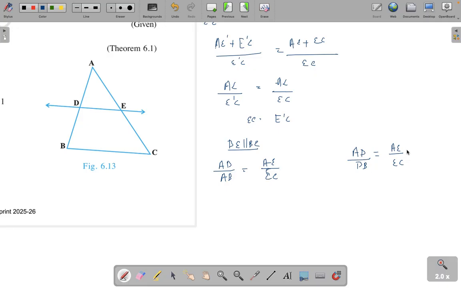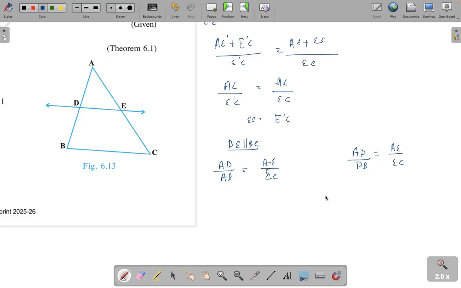Now what can you do? So AD upon DB is equal to AE upon AC. So it means that the whole side should also be proportional, like AB should be proportional to AC, not equal but proportional.